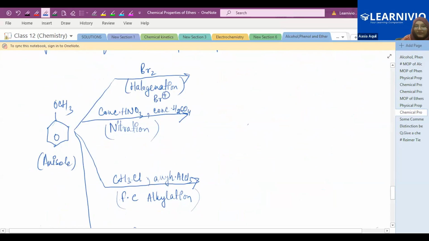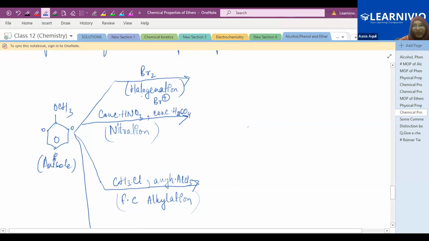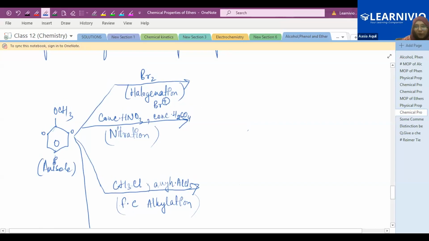And you know very well this OCH3 group is an activating group, and due to its presence, the electron density increases on the ortho positions. These two are the ortho positions and this is the para position. So the electron density increases here. What happens when you do halogenation?